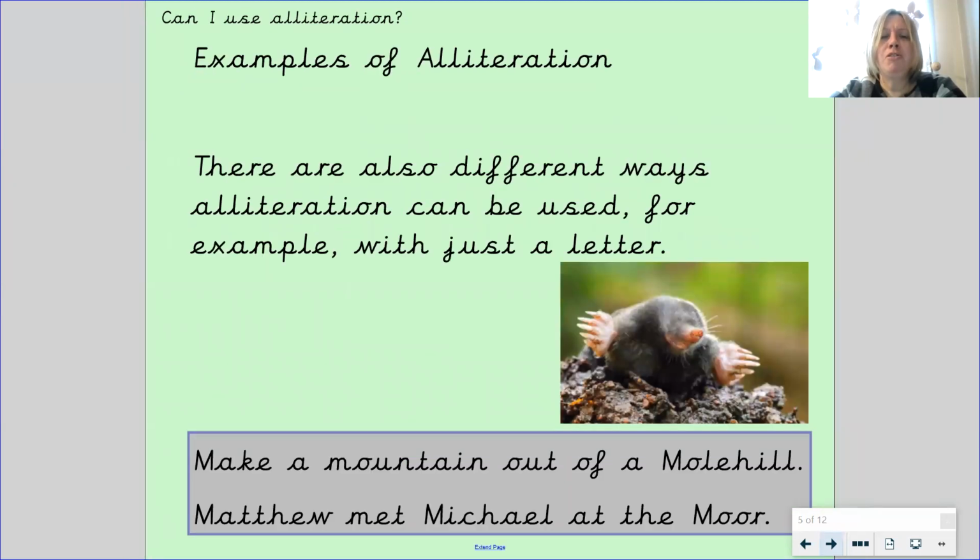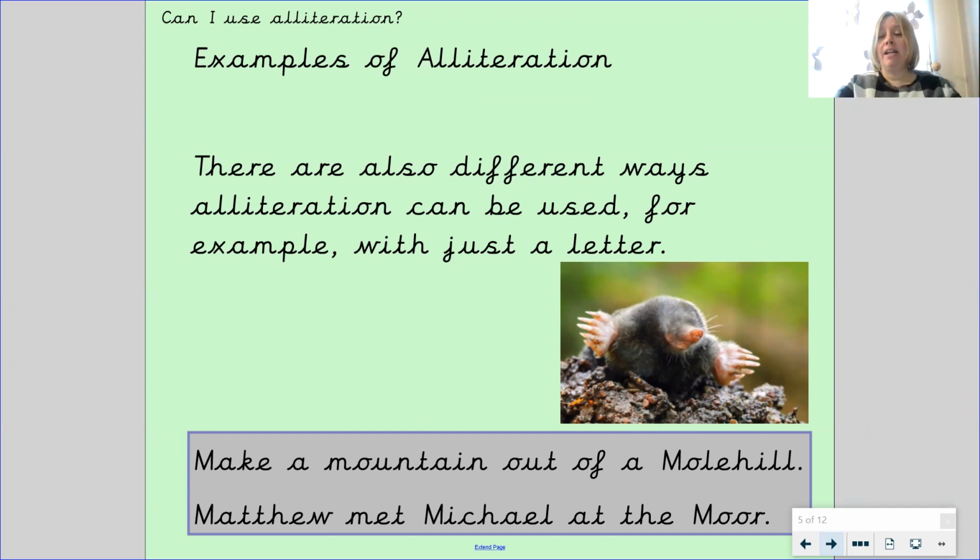There are also different ways alliteration can be used. For example, with just a letter. We've got two examples here to go with our picture of a mole. Make a mountain out of a molehill. And another example is Matthew met Michael at the mall.